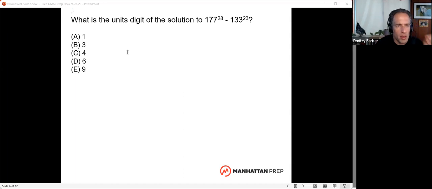So we might look at just what happens when we subtract. This might feel too good to be true, but yeah, patterns of the powers of 7 and 3 just seems to be an odd and even.